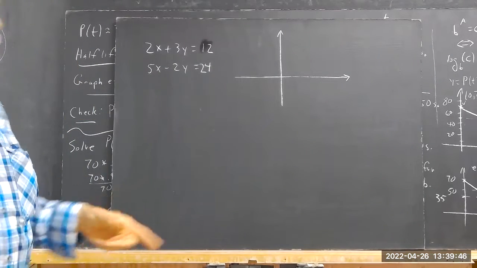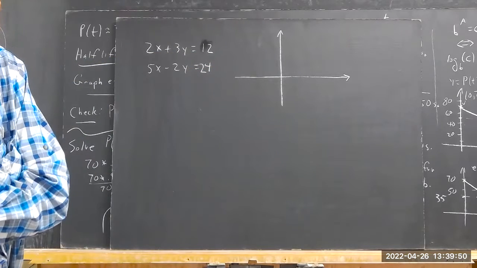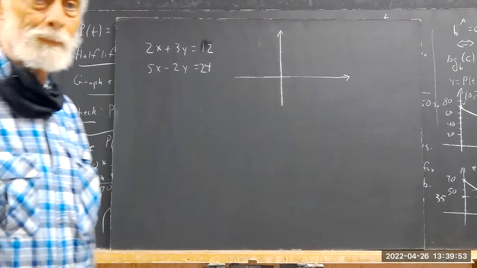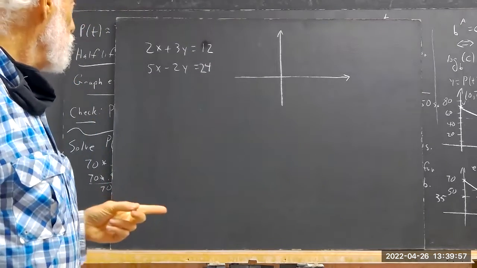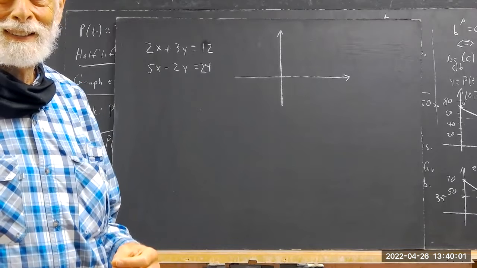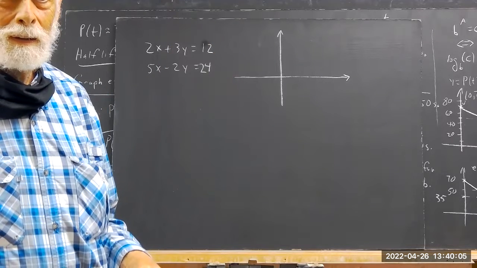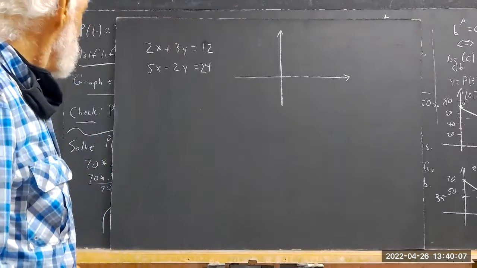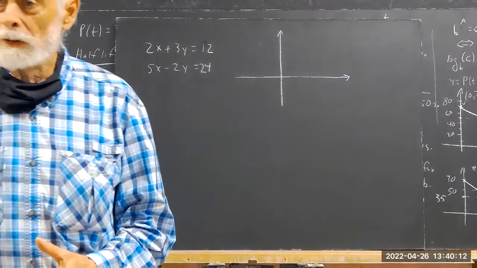What's the x-intercept of this first equation? Can you tell me, Quentin? Haven't seen anything yet. Hold up fingers if you got it. Okay. What do you know about the x-intercept?